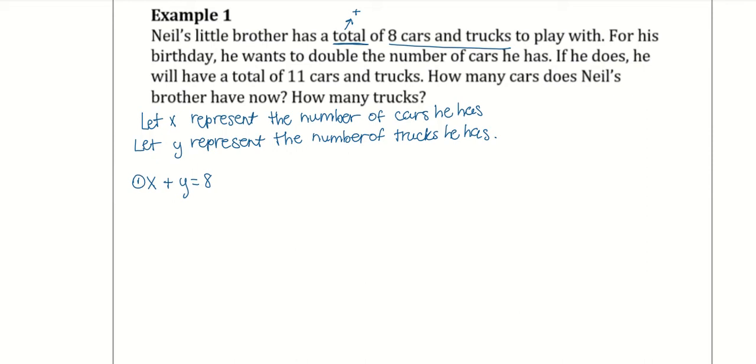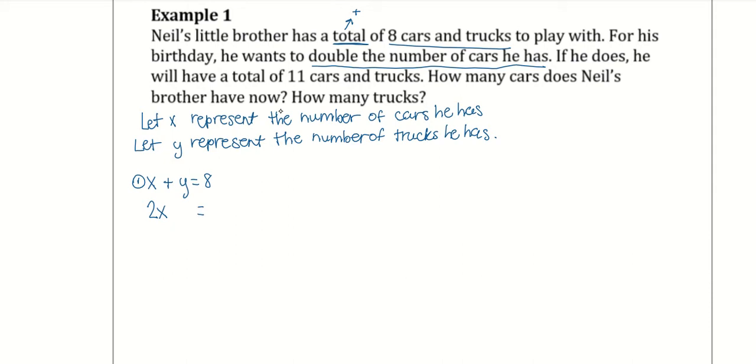For the second sentence, it says for his birthday, he wants to double the number of cars he has. So to double the number of cars, that means 2x. So it's 2 times the number of cars. And if he does, he will have a total of 11 cars and trucks.